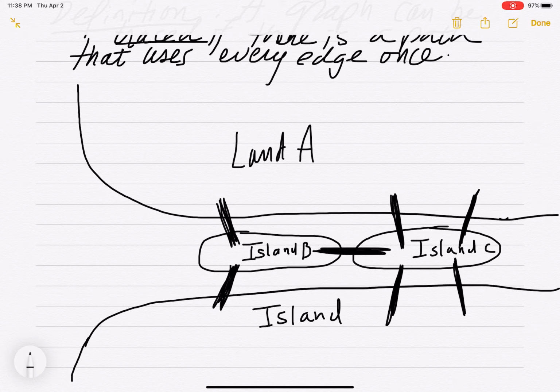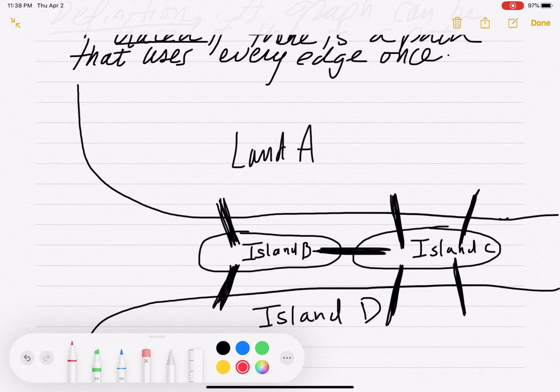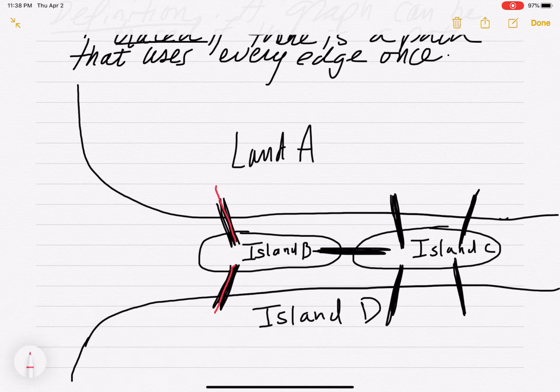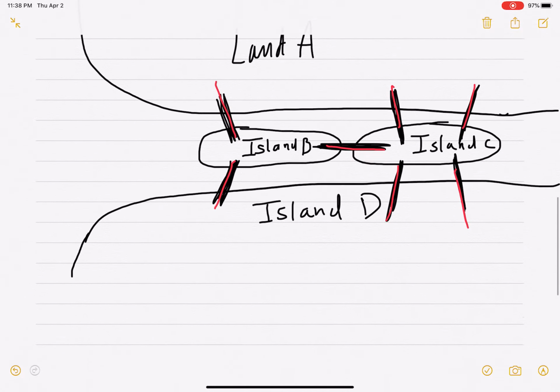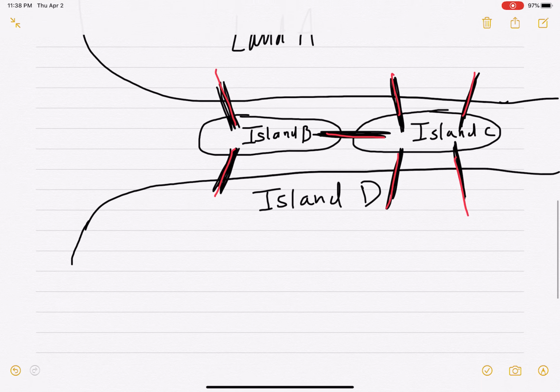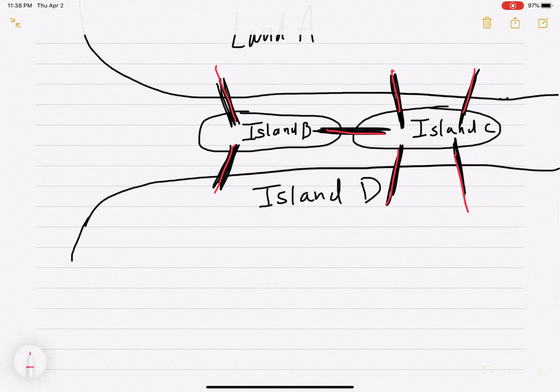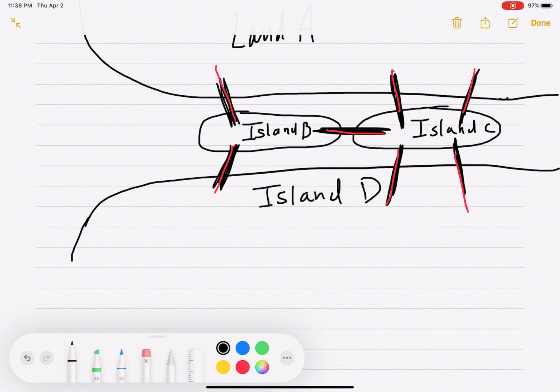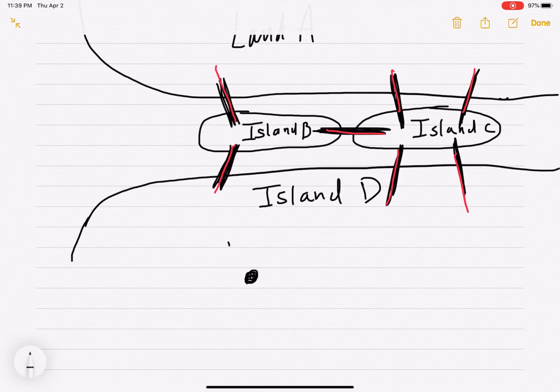So basically he made the land the vertices, and the bridges, if you imagine these bridges being edges that connect the bits of land. So if you draw this into a graph, here's A, here's B, here's C, here's D.